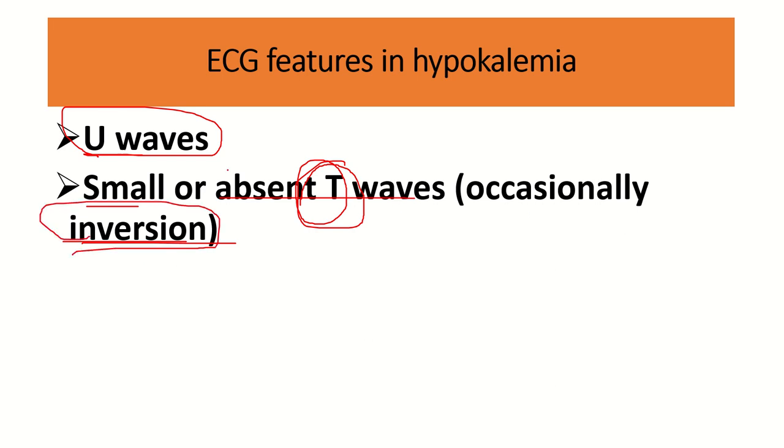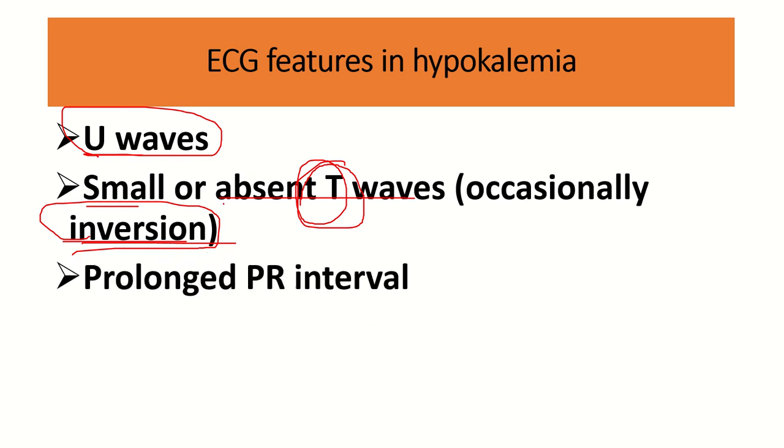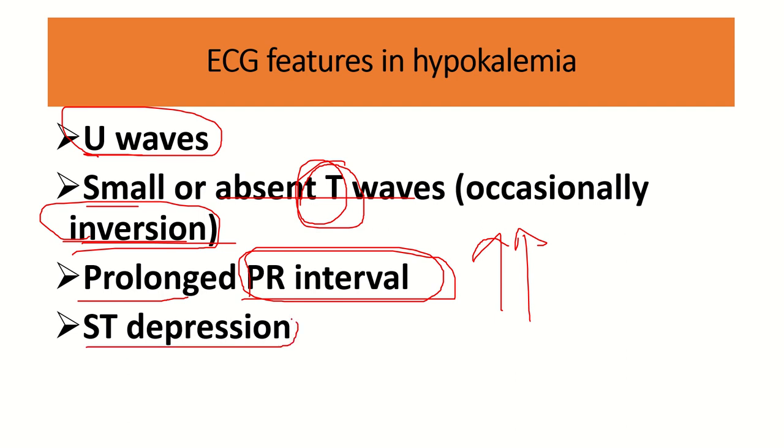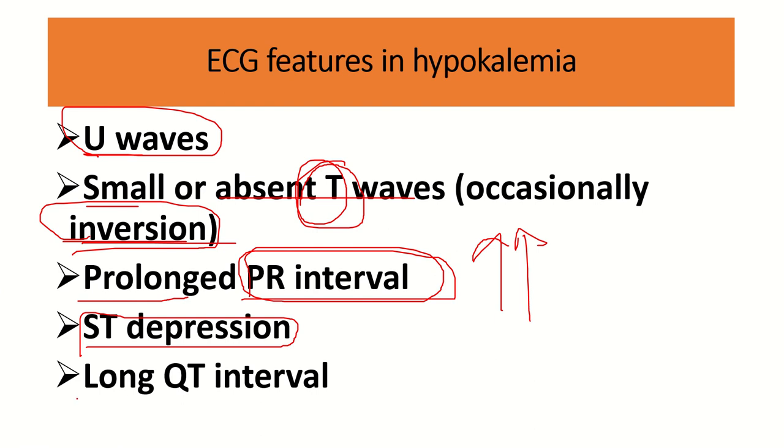So first the U wave appears, then a small or absent T wave. Then a prolonged PR interval, another important feature of hypokalemia, so the PR interval will be increased. Then ST segment depression, and a long QT interval.